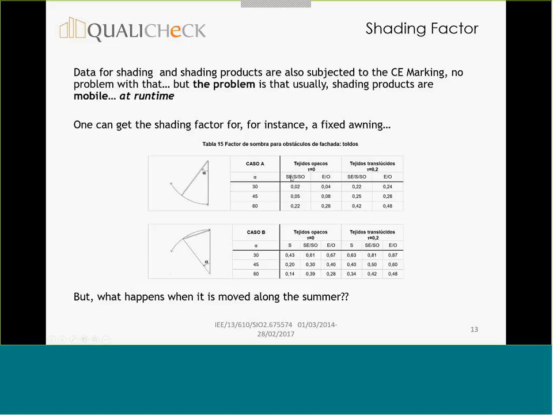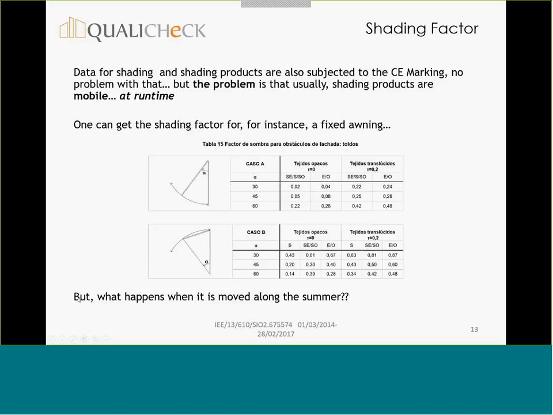You see, and the orientation and the inclination, the angle of the system in two different positions. You see the shading factor which should be used. There are other examples for other configurations. Well, this is when the system is fixed and is not operating.